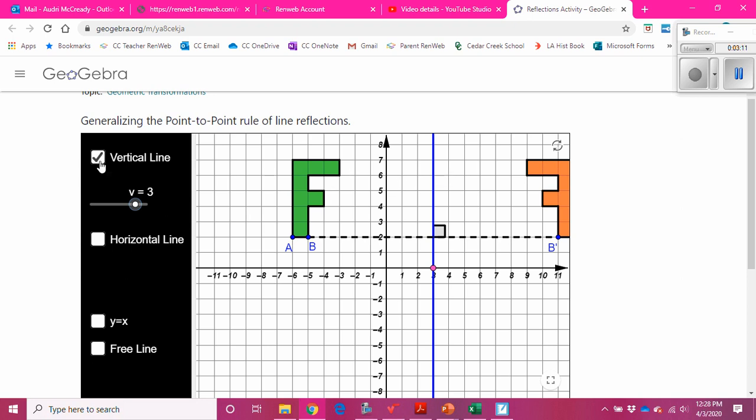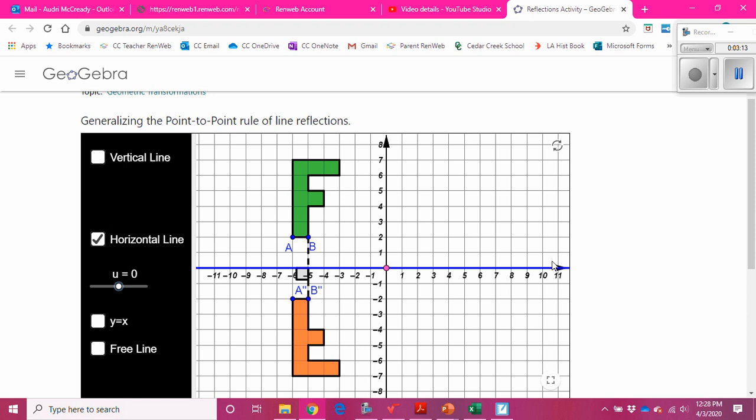Let's look at a horizontal line of reflection. This is using the x-axis as a line of reflection. So again, this pre-image was flipped across the x-axis, and it's the same distance from the pre-image to the line of reflection as it is from the image to the line of reflection.